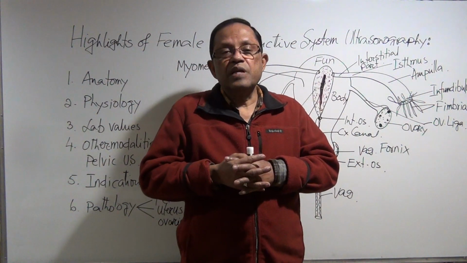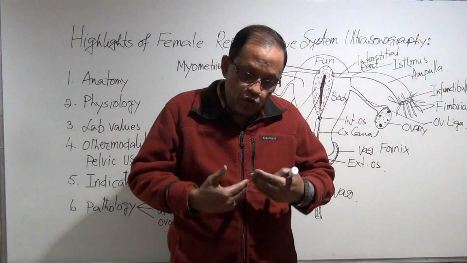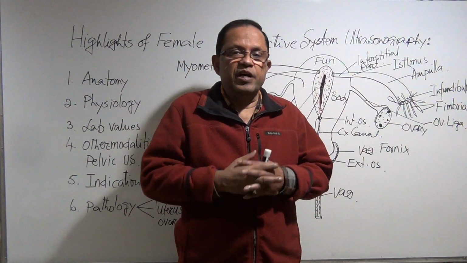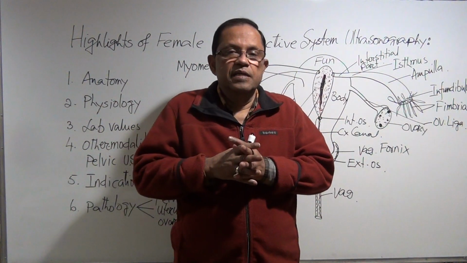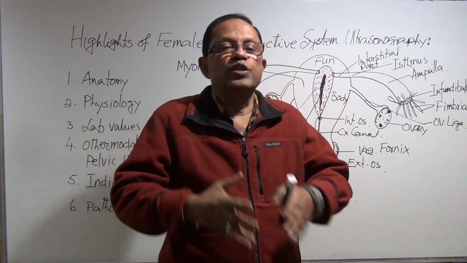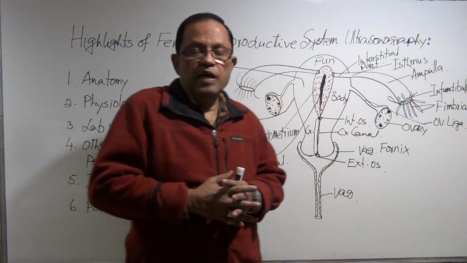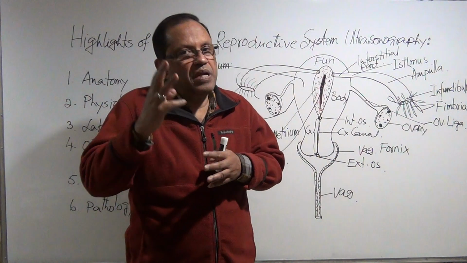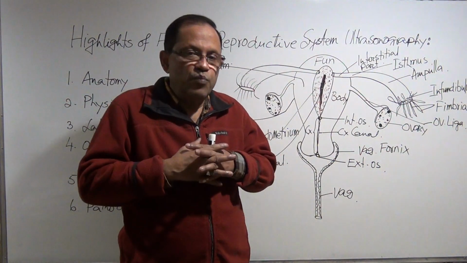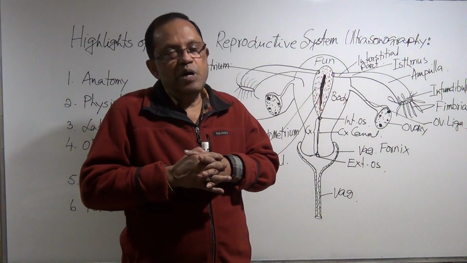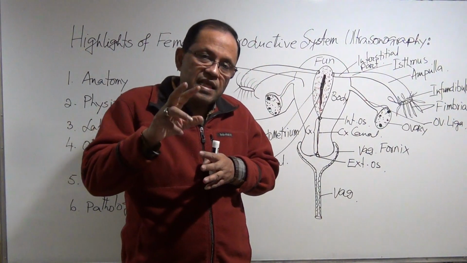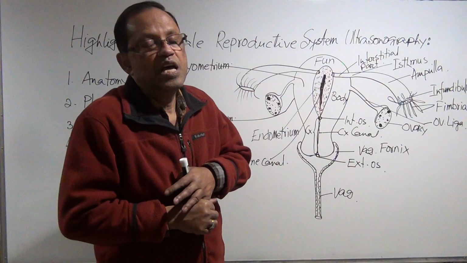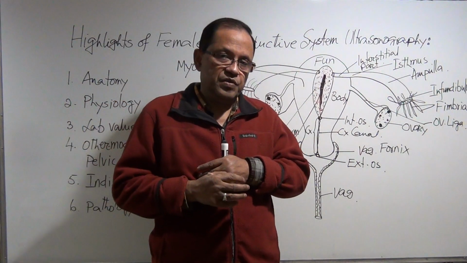Sometimes the outlet of the pelvic bony aperture is smaller so that the baby cannot go down, so they do the C-section. A lot of things can happen, but at least know what the bones are, what the muscles are, and what the important ligaments are. Those are the support structures for the female reproductive organs.